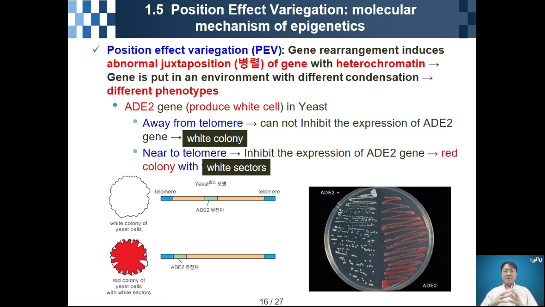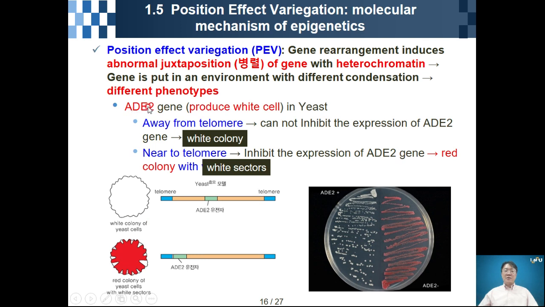So in these cases, near the telomere, it inhibits the heterochromatin region, because the heterochromatin region is very condensed. It means that it inhibits the expression of the ADE2 gene, so it can produce a red colony.